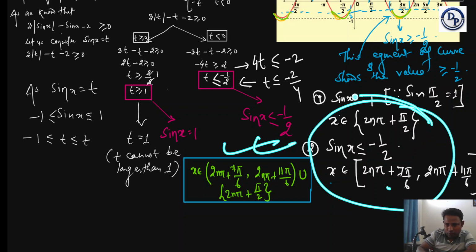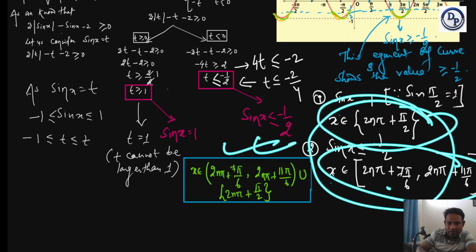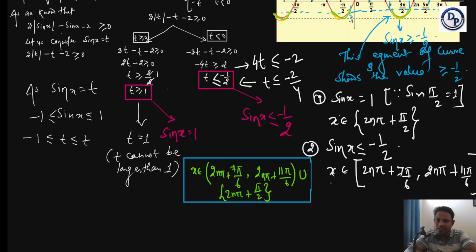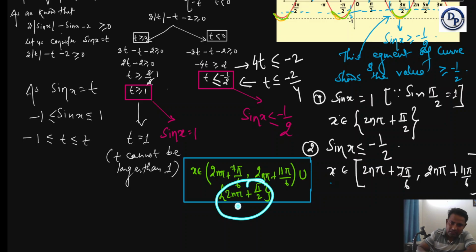The union of these two gives us the final domain of this entire function. So the final answer is x belongs to the closed interval 2n pi plus 7 pi by 6, 2n pi plus 11 pi by 6, union 2n pi plus pi by 2. This is a single value.